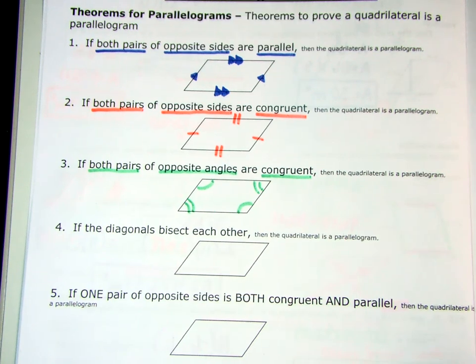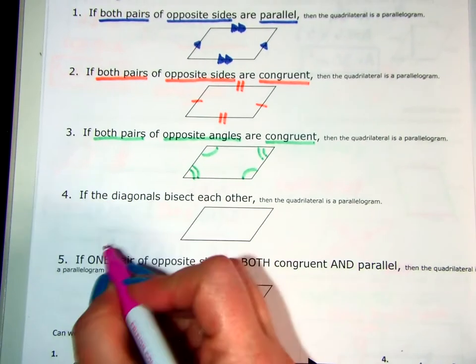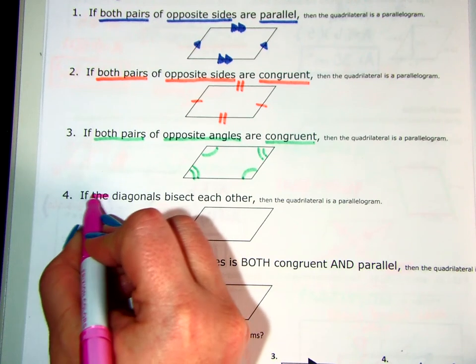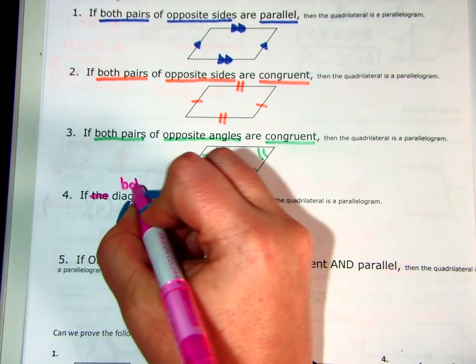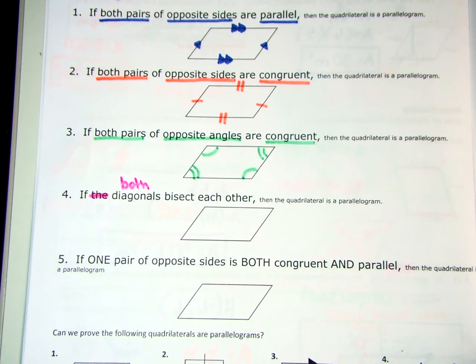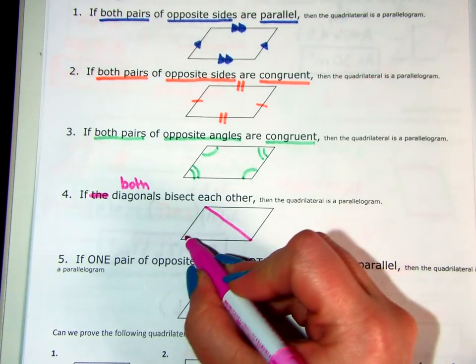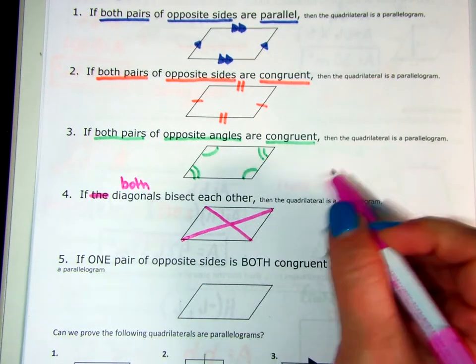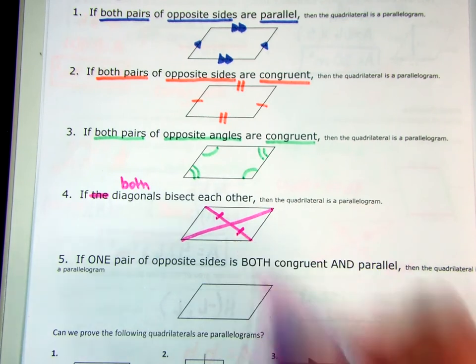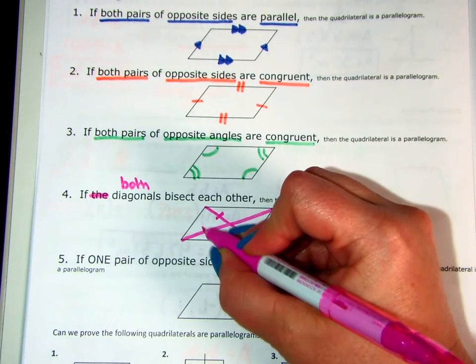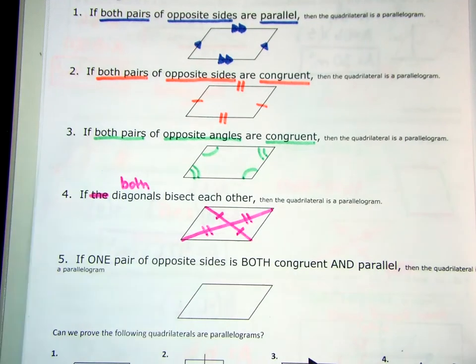Okay? Number 4, I do want to change what this says just a little bit. Instead of if the diagonals, I'm going to say if both diagonals bisect each other, then the quadrilateral is a parallelogram. Remember we talked about in the last lesson that my diagonals don't have to equal each other, but they should be bisected. So that means when I draw them both in, one diagonal is cut into 2 congruent pieces, and the other diagonal is cut into 2 often different pieces, but the same to each other.